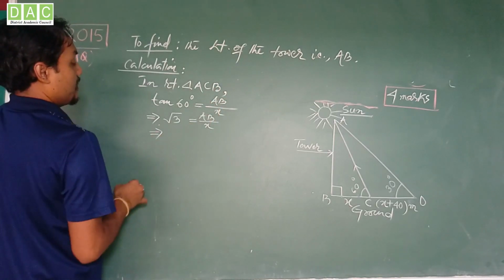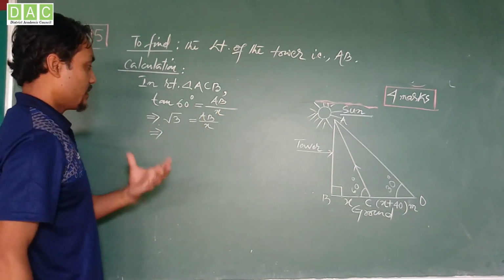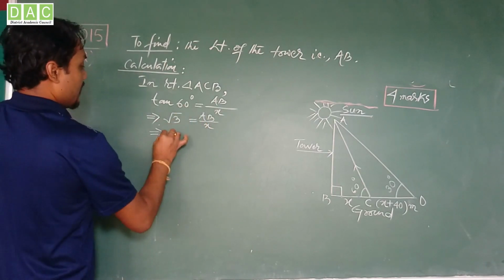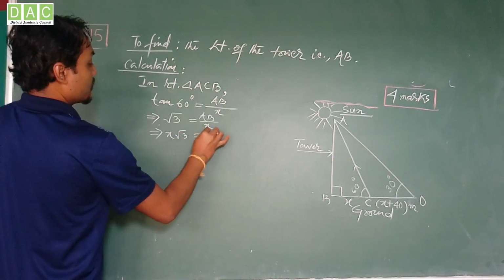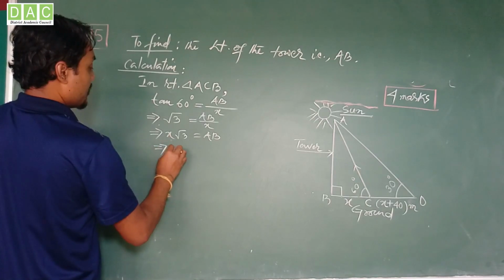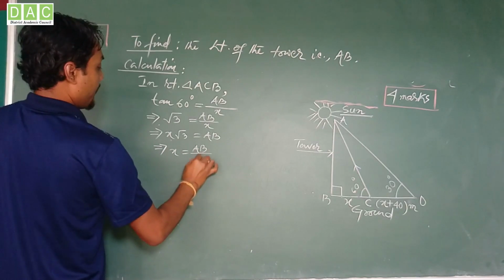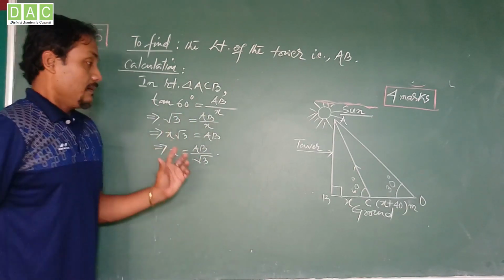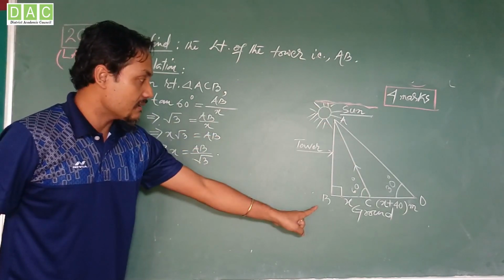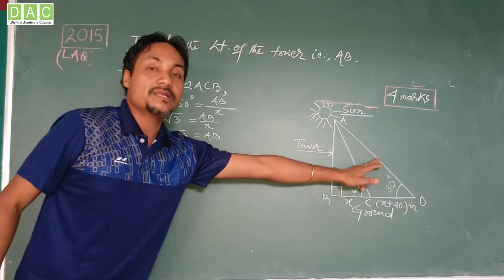Here x is an unknown part, and this AB is also an unknown part, but this is the variable part, so we make the equation with this variable. x root 3 is equal to AB, implies x equals AB by root 3. But in the explanation I told you that AB is the height of the tower and this is the common part for both these right triangles.